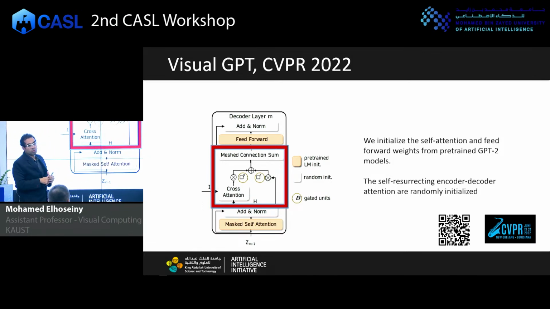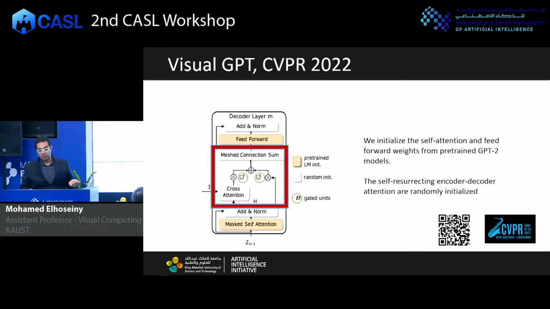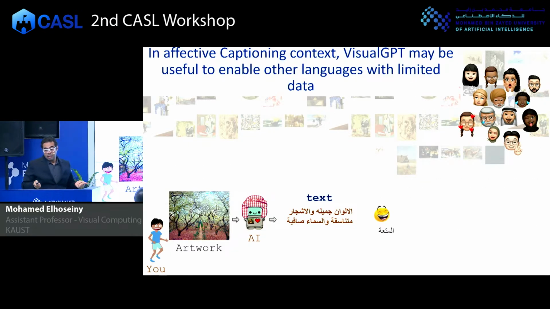So it tries as much as it can not to disrupt the knowledge of speaking that GPT-2 already has, but in the meantime, it tries to enable it with the least effort to talk about visual stimuli, given images, right? This can be useful for the multicultural setting, because imagine if you rethink the No Language Left Behind into No Culture Left Behind.